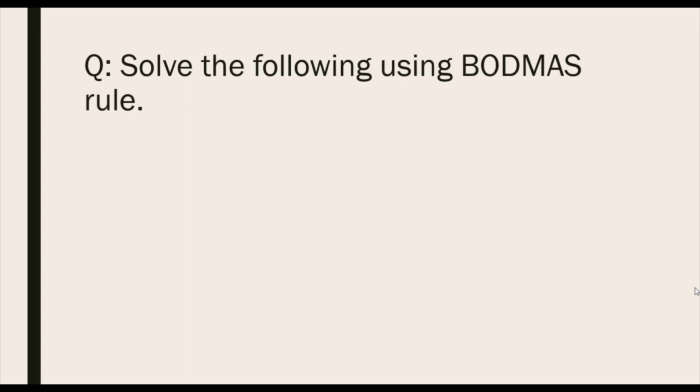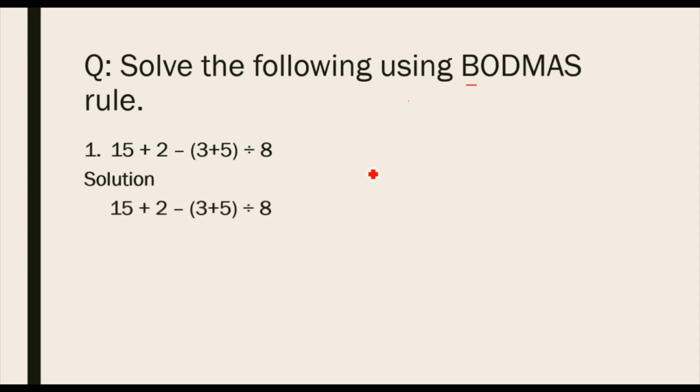Now let's solve the question. Solve the following using BODMAS rule. We have a question: 15 plus 2 minus (3 plus 5) divided by 8. According to BODMAS, first we have to solve the bracket. Solution.